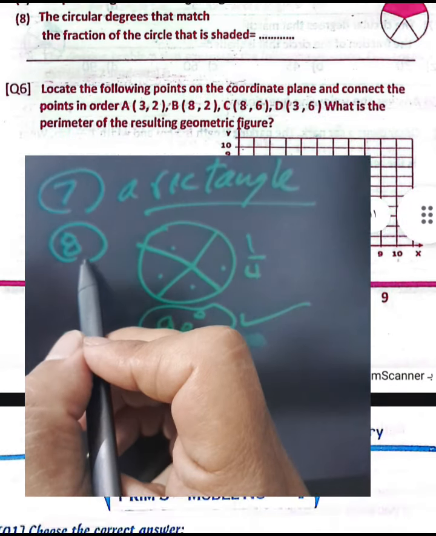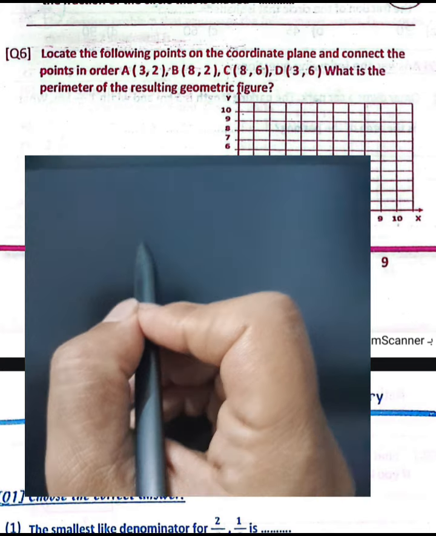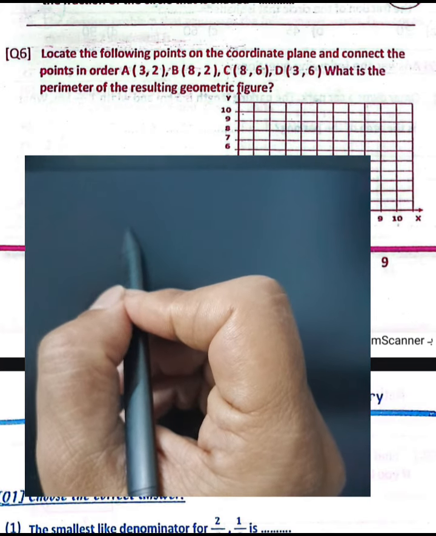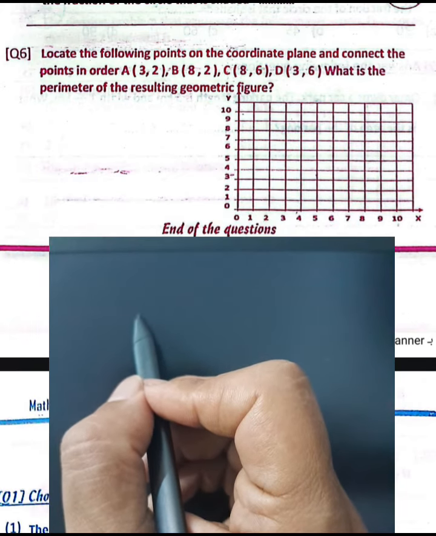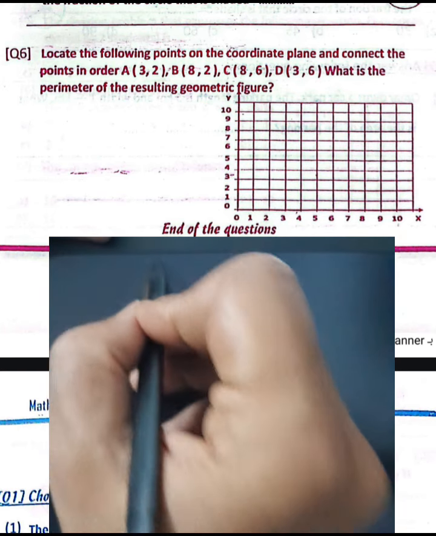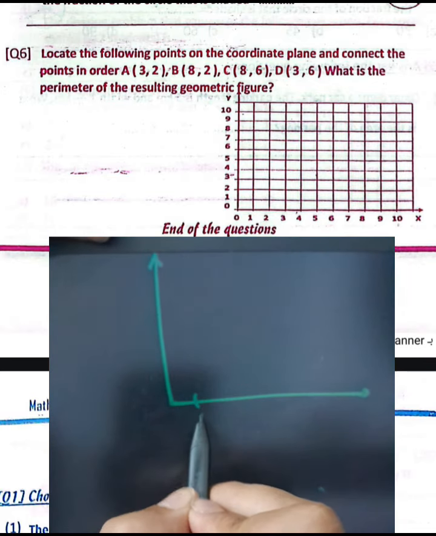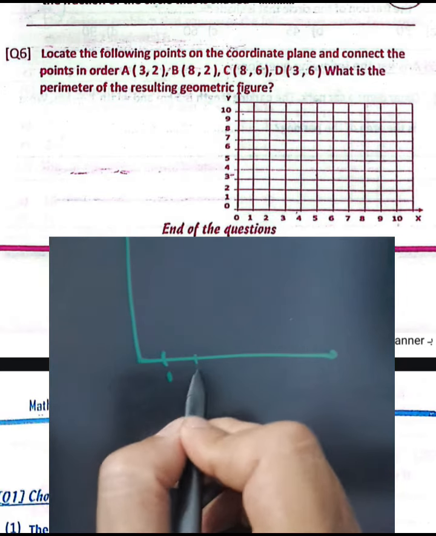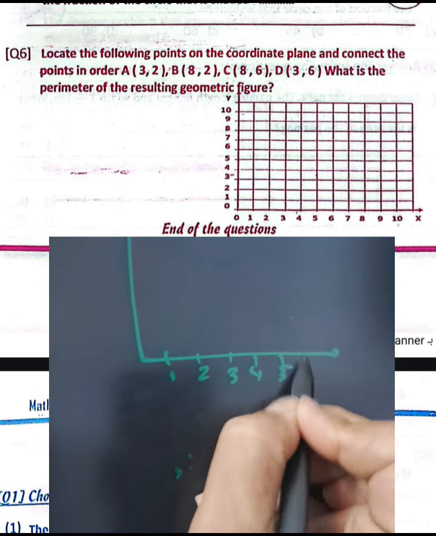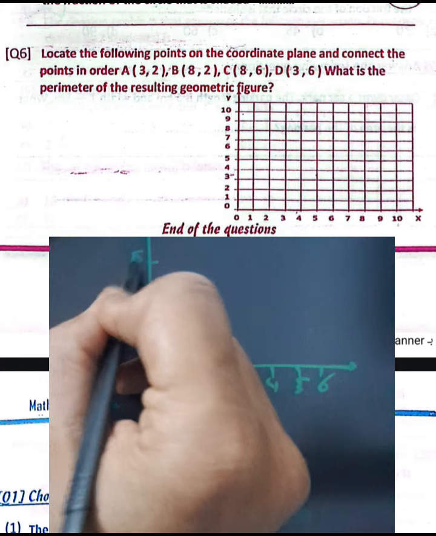Okay, the next question. Locate the points here in the ordered pairs and find the perimeter of the resulting shape. Okay, we have the x-axis and y-axis, the coordinates 1, 2, 3, 4, 5, 6 and 1, 2, 3, 4, 5, and 6.